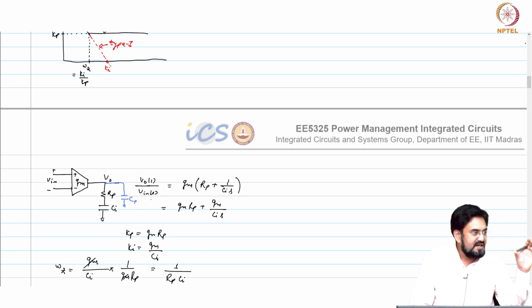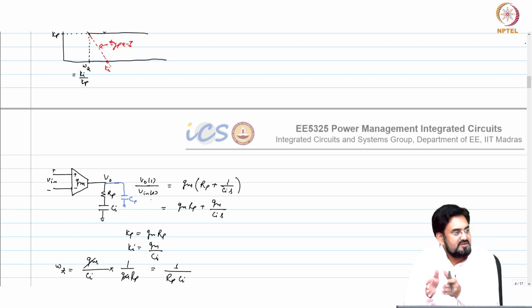So, once you have decided the RP, you choose this CP in such a way that it is outside your UGB, but what will happen in that case?